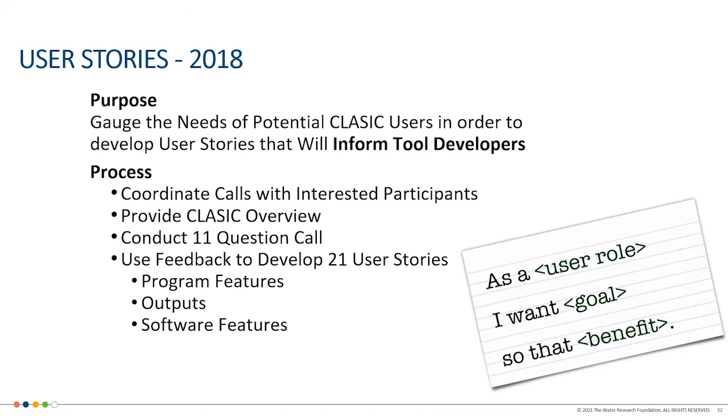All right. The second step in our community engagement process was these user stories. User stories are what the tech field uses to help inform those folks that are developing the tools about what the audience wants or needs out of the particular thing they're developing. So we again made a bunch of phone calls. We reached out to folks and came up with about 20 user stories.